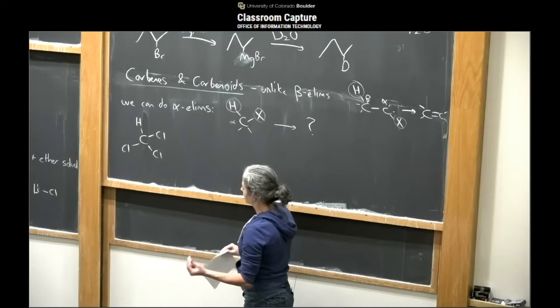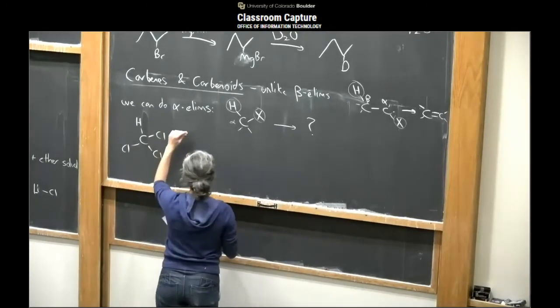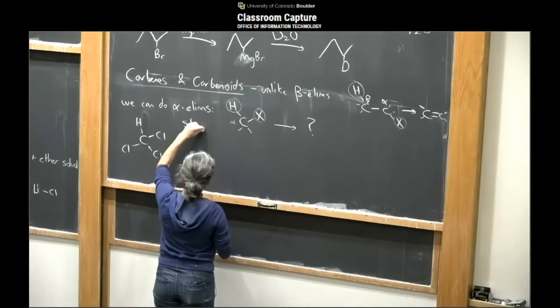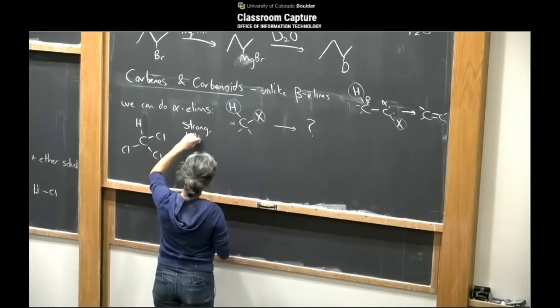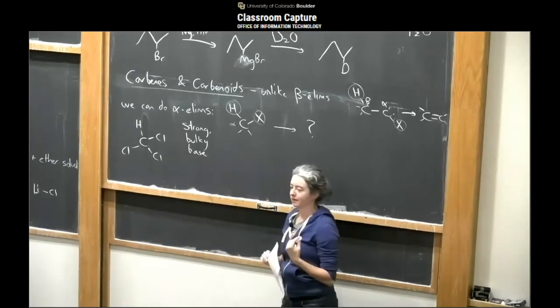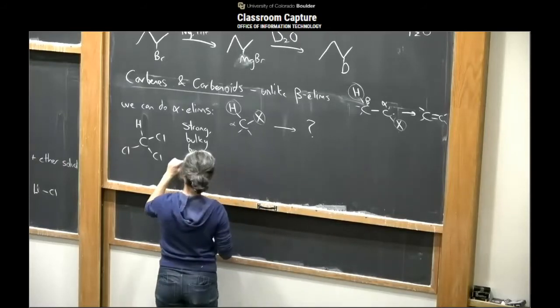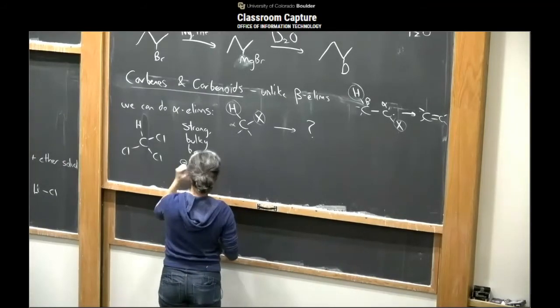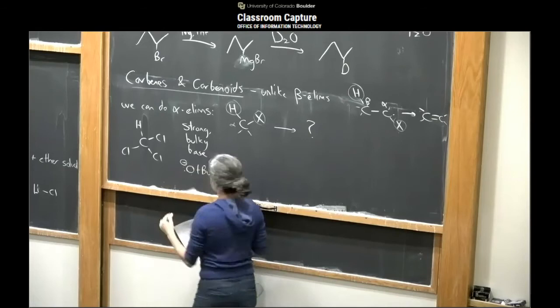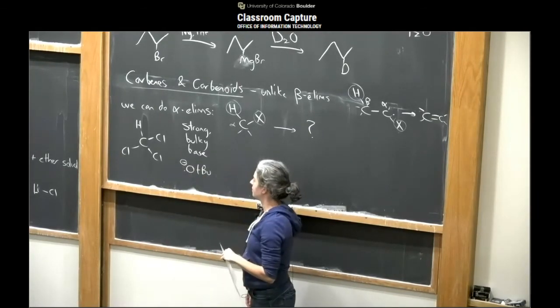If we take this molecule and hit it with a strong, bulky base, what base is that probably going to be? Tert-butoxide, yep. In other words, we want to discourage any SN2 funny business.